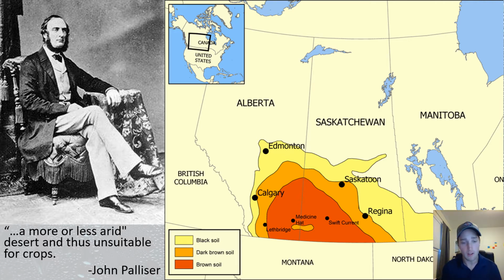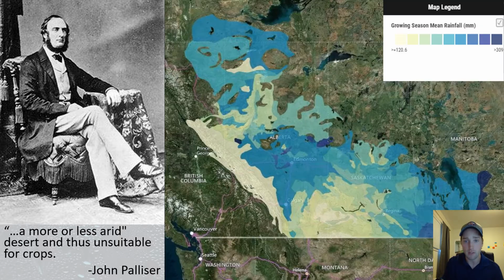Fortunately or unfortunately, our ancestors didn't listen and showed up here many years later and settled the land and went to work growing crops. So we can see that triangle in this picture. This is just an image I've stolen off Wikipedia on the John Palliser article. But here's a different view of it, and we get the same effect.